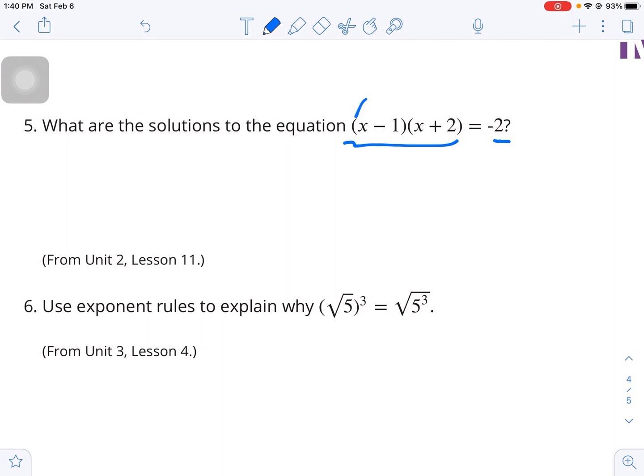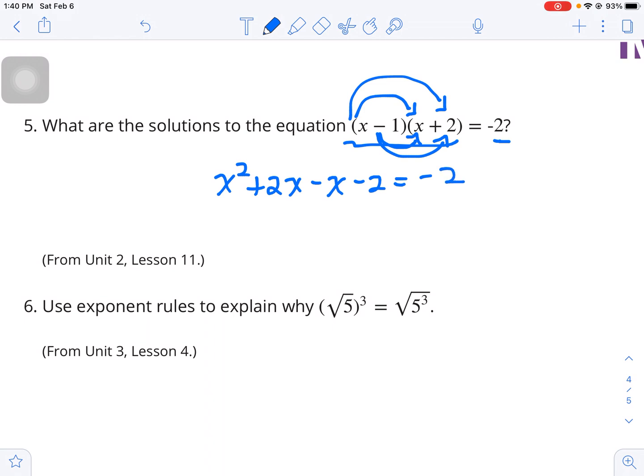So when I multiply these two binomials, I get x squared, and x times 2 is 2x. And then I have to distribute the -1, so that would be minus x, and minus 2 equals -2. So I have x squared plus x.